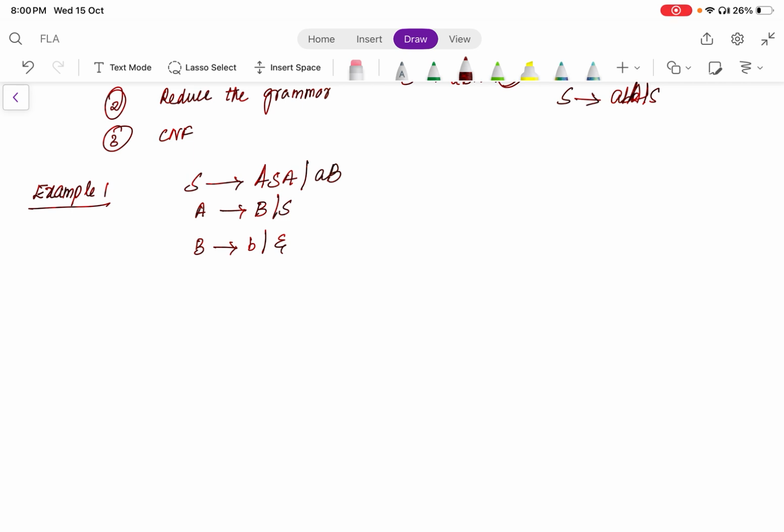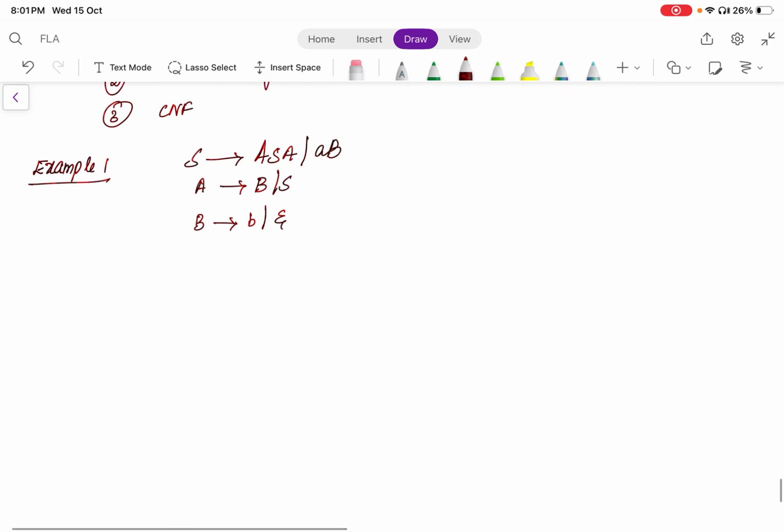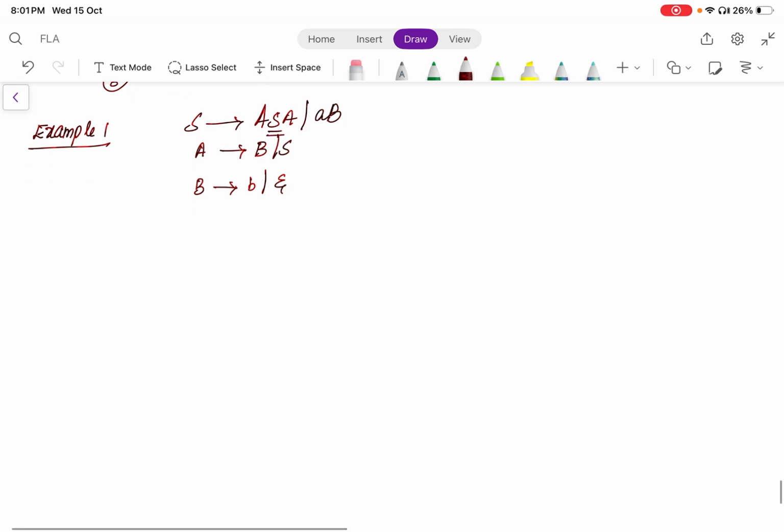If there is an S on the right-hand side, then that particular S cannot be a start symbol. That is why we are creating a new start symbol. Here you find S on the right-hand side. So the first step is to create a new start symbol, S dash tends to S. Okay, rest all the same.